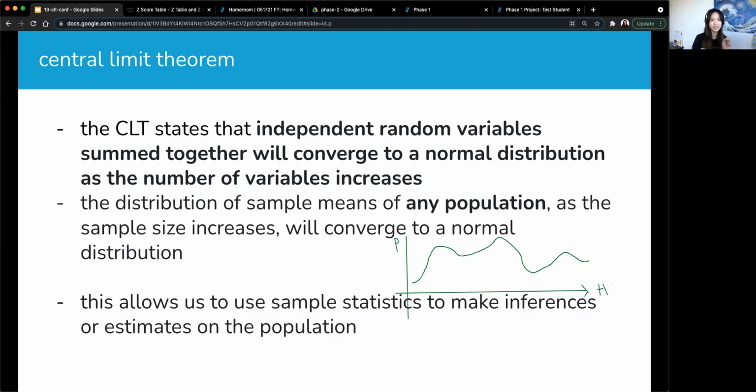The central limit theorem also states that let's say we take a bunch of samples. Let's say I randomly go to different countries, and in every country I go to, I take the height of 100 people at random.